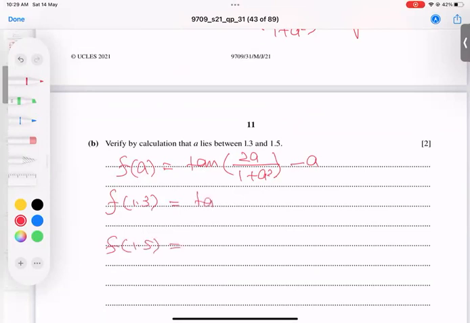I will replace every a two times with 1.3. And then I will plug in this one, but make sure the calculator must be in radians.